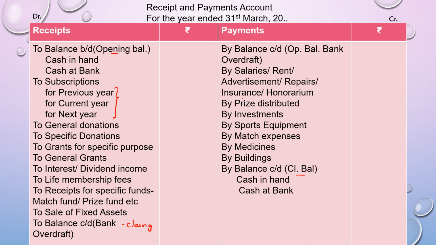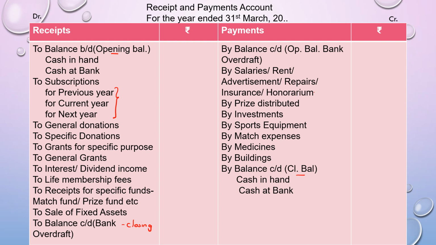Insurance which is paid by it. Honorarium which is paid to those experts who come and conduct some workshops or some camps. In case of charitable hospitals, specialists come in, say once a month, and they are available on that particular day at a very reasonable price. So in those cases, a token payment is made to those doctors. That is called honorarium.